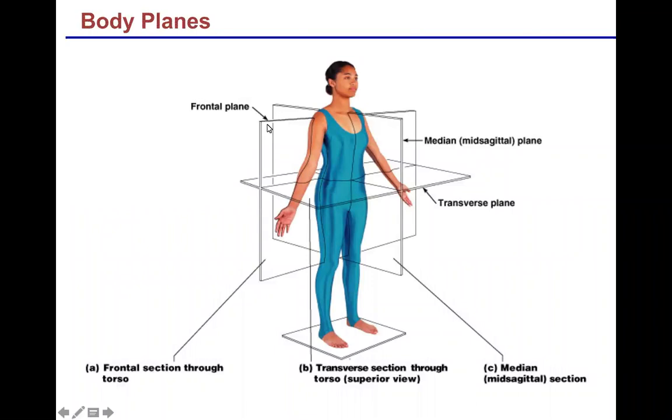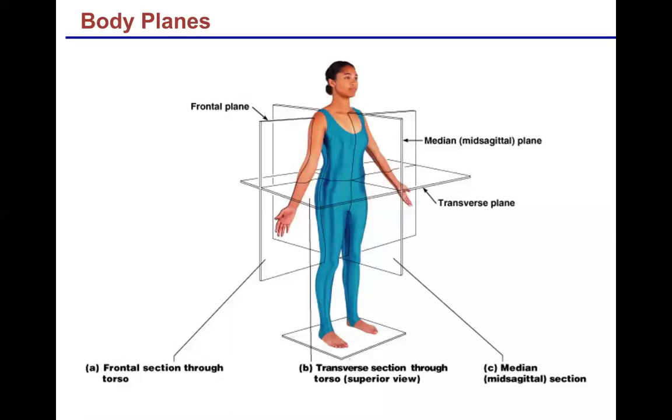If you pass a plane in such a way that your body gets divided into two parts, one in front and the other in the back, this is the one I'm talking about. It forms two parts, one anterior and the other posterior. That is known as the frontal plane. The frontal plane divides the body into anterior and posterior.